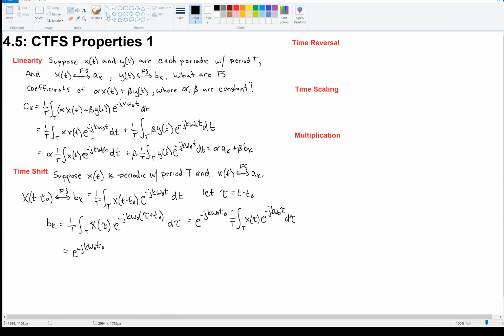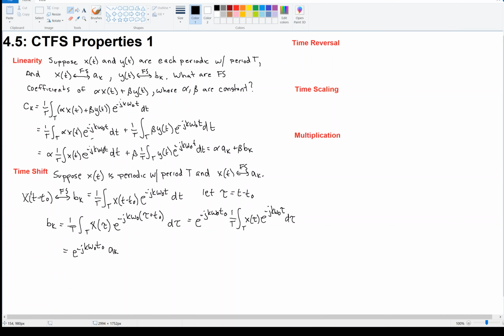But you integrate over that, and so they go away anyway. So this is nothing but the a_k's. And so I've got this relationship here, that our new Fourier series coefficients are the old Fourier series coefficients multiplied by this e to the minus jk omega 0 t0.